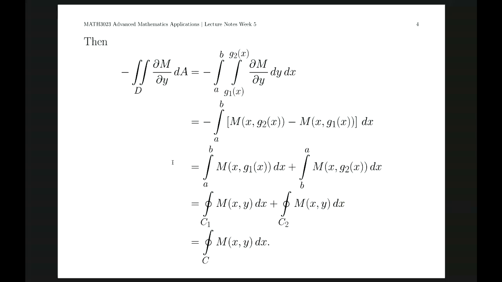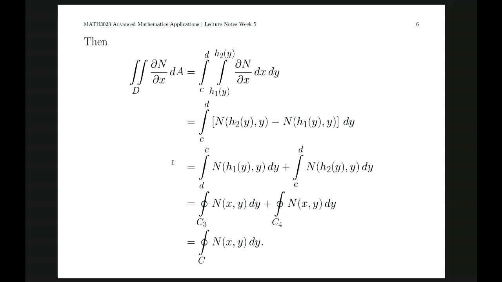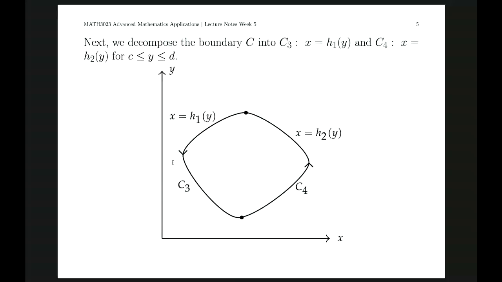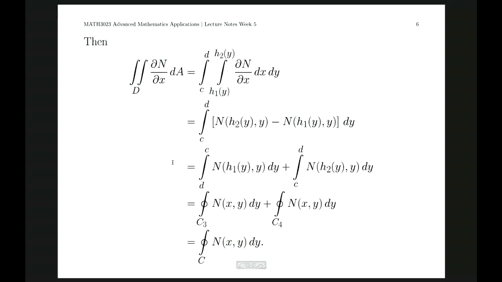I can do the same thing to work out the double integral of partial dN dx. This time I split this region up this way. So here I now have x going from this curve to this curve, let's say from some function of y to some function of y, h1 to h2. And then y as a big sweep goes from c to d. Because it's partial dN dx, I can undo that straight away as the first iterate.